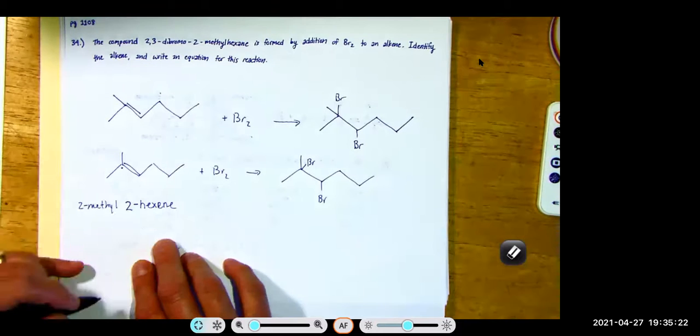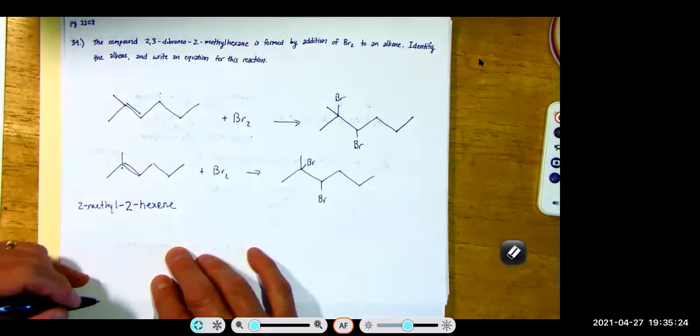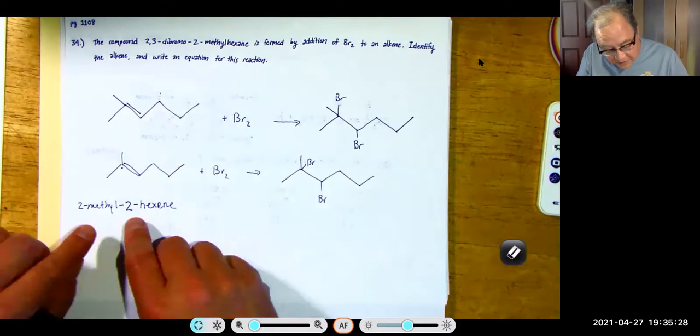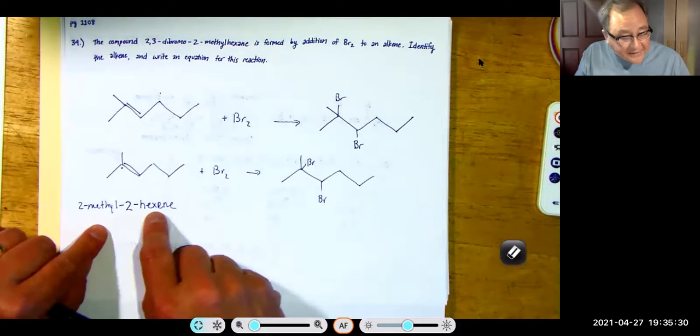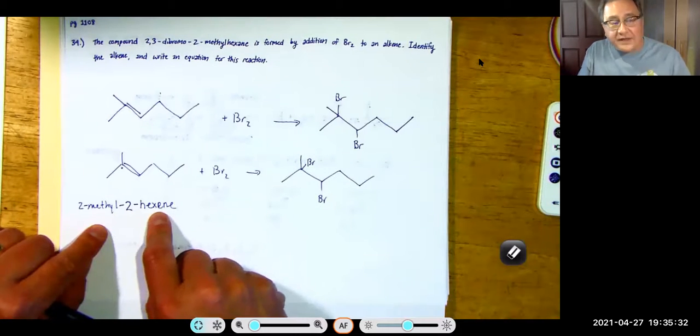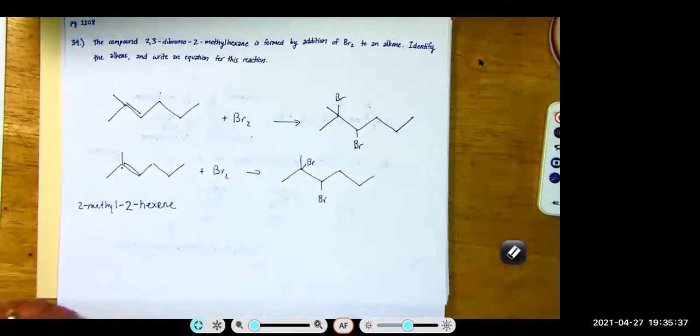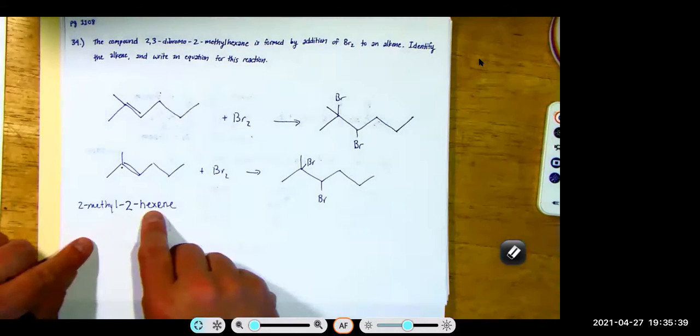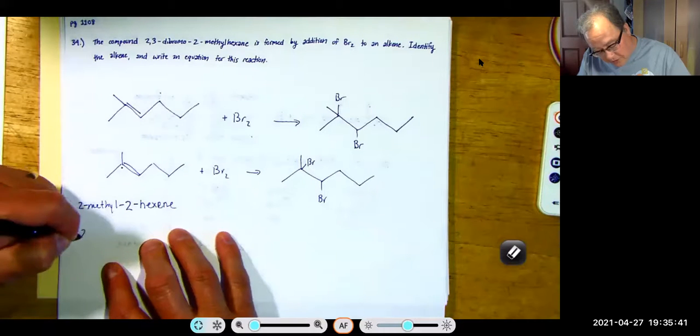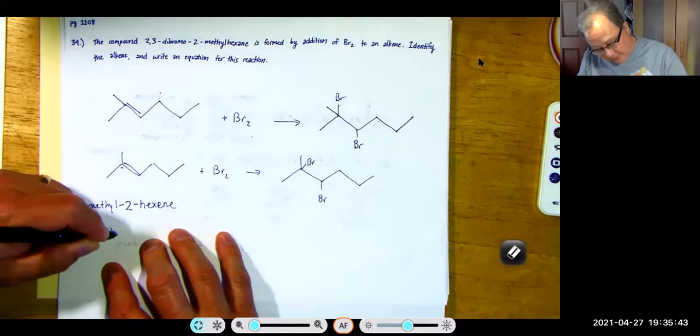And the methyl comes first, even though it's not alphabetical. Well, when you're talking about numbering where a double bond is, you want that to be part of the parent, because the double bond is part of the parent. So that number has to be close to here. In fact, a lot of people prefer that you number it this way.